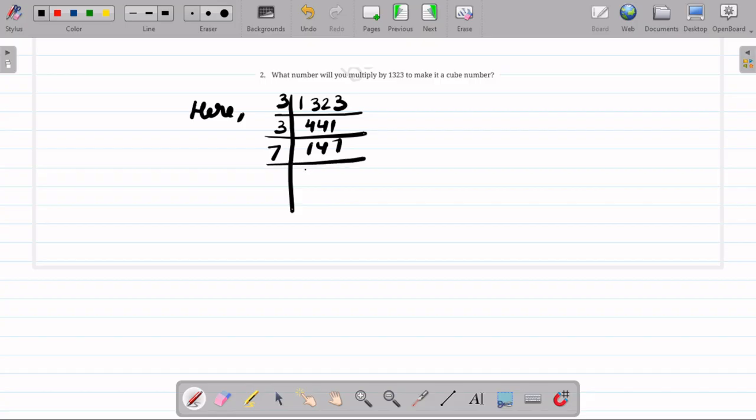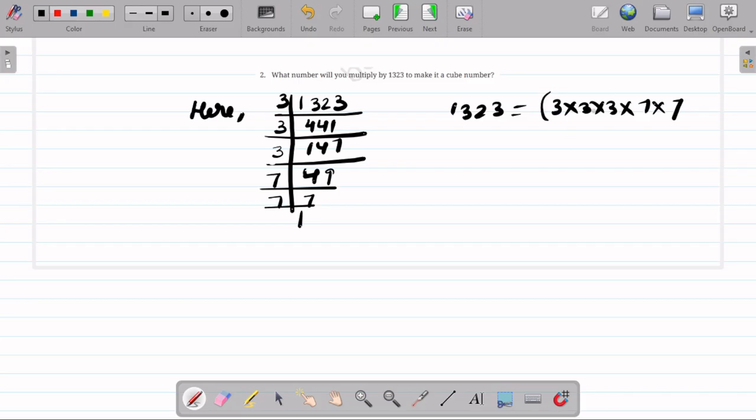And with 3 we get 49, and then 7. 1323 is equal to 3 cross 3 cross 3 cross 7 cross 7. As you can see, only one triplet is existing. For the other, 7 is lacking over there, right?